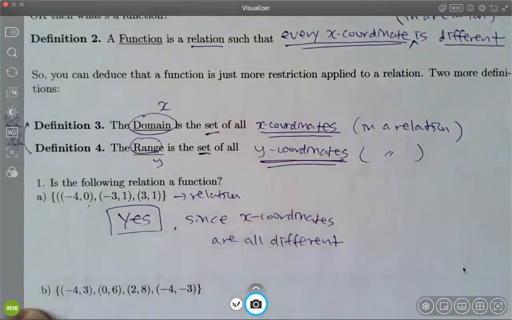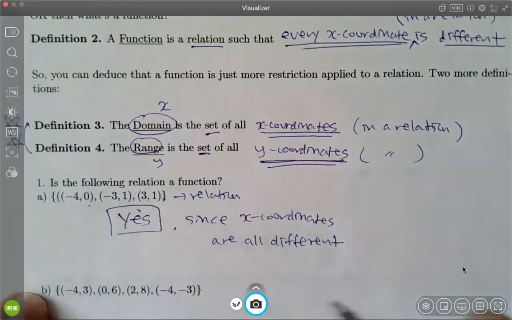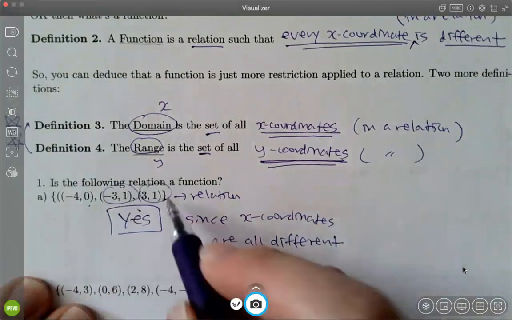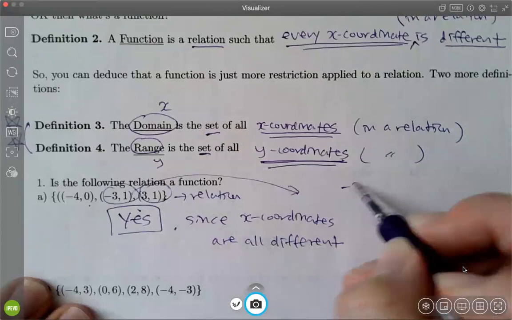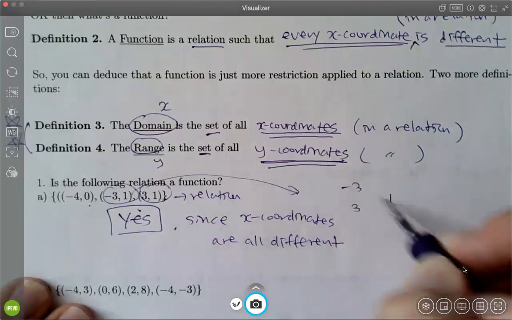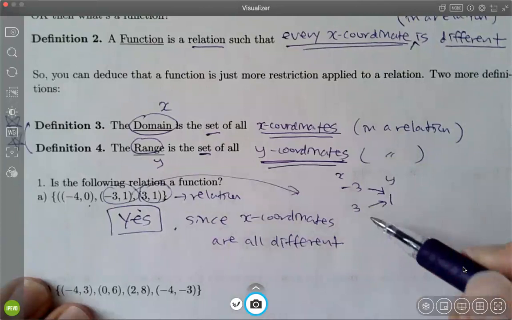Now, sometimes people are confused because here we have two of the same y coordinates, 1 and 1, in (-3, 1) and (3, 1). So what do these two points represent? These two points mean this, x and y. Now remember, have we seen a similar picture like this before? Yes, right there.